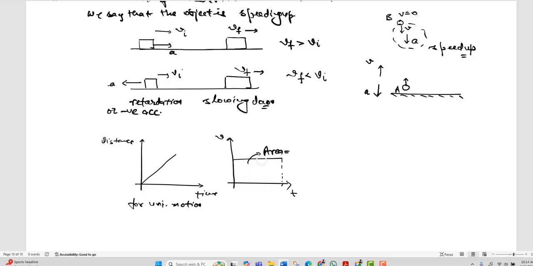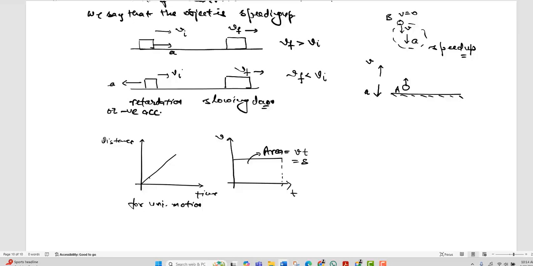What is the shape of this geometry? It is a rectangle, right? So if this is a rectangle, then by multiplying the width, which is the velocity, and the length, which is the time, you get the displacement. Very good, excellent. You will get the displacement.